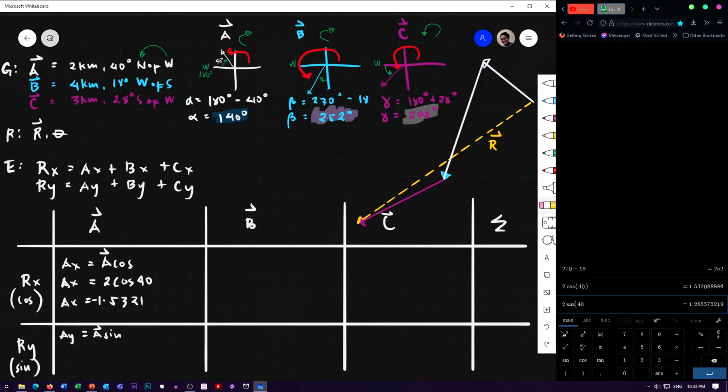Okay, let's change this because the angle that we're using is alpha, the one that is on the given. Okay, so for this one, this is a sub y, this is 2 sine 40. Okay, so this is our answer. So that's a sub y is equal to 1.2856.